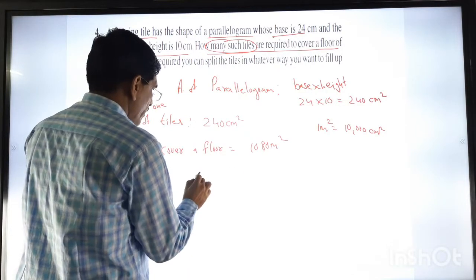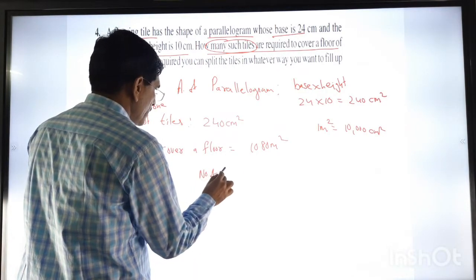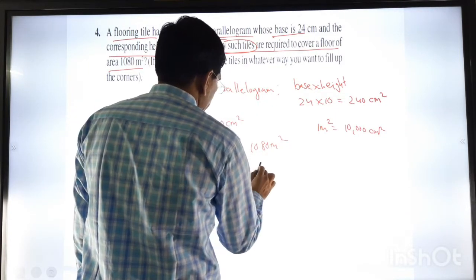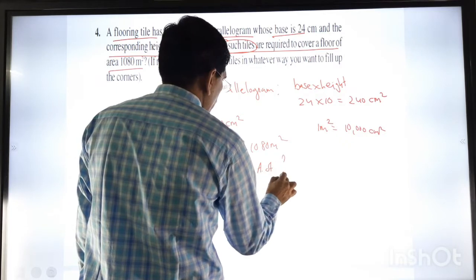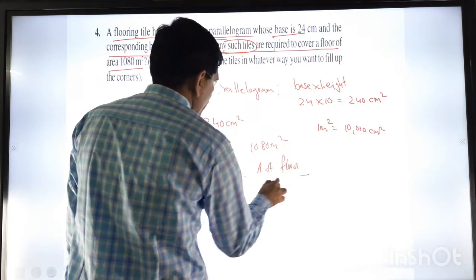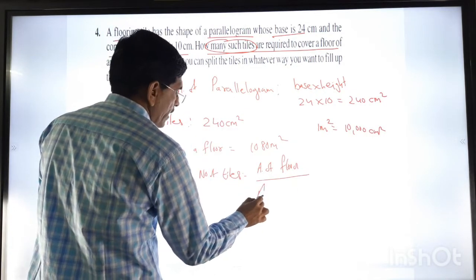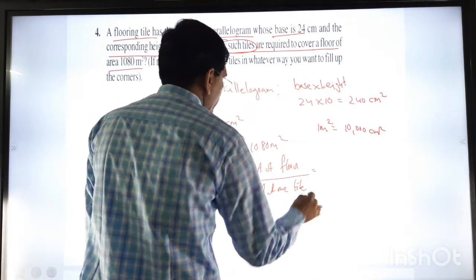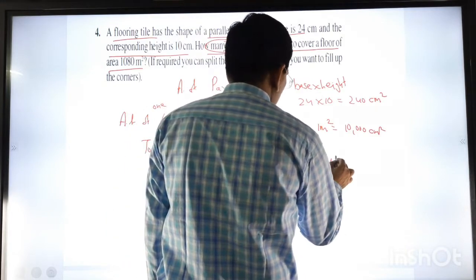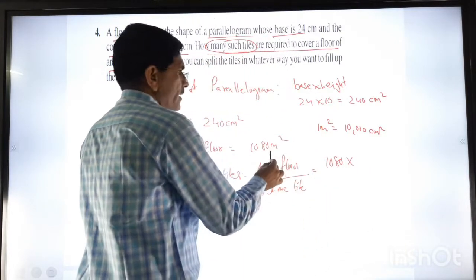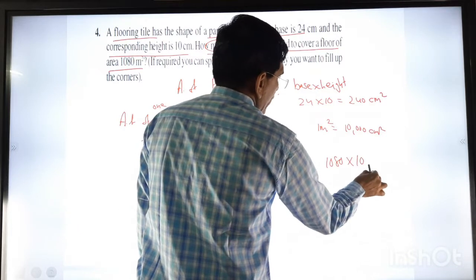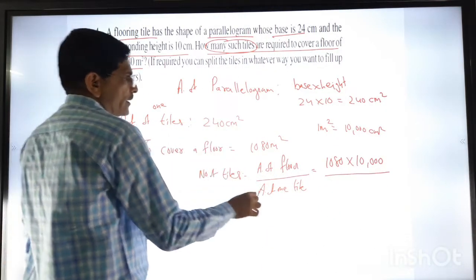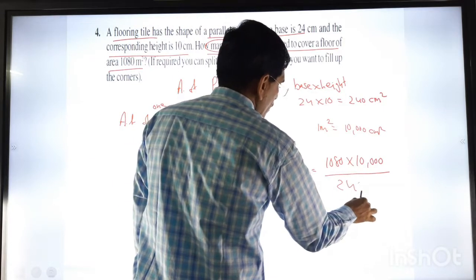So the number of tiles is equal to the area of the floor divided by the area of one tile. Area of floor is 1080. Now 1 meter square is equal to 10,000, so I multiply by 10,000, divided by the area of one tile, that is 240.